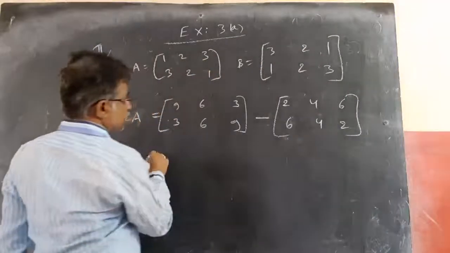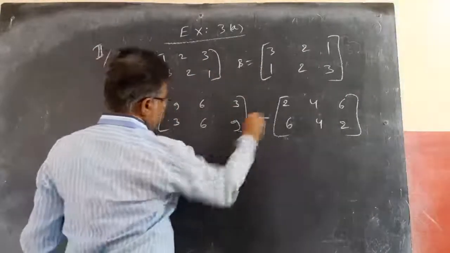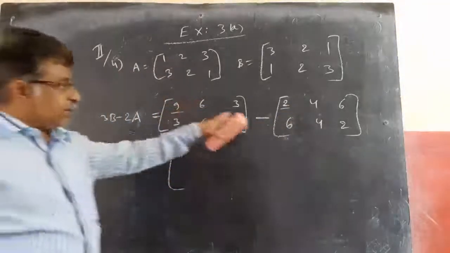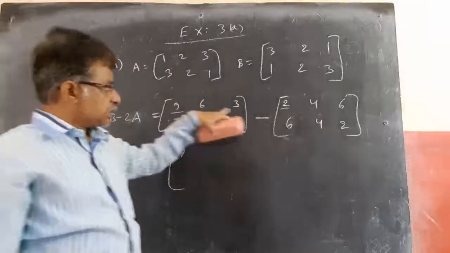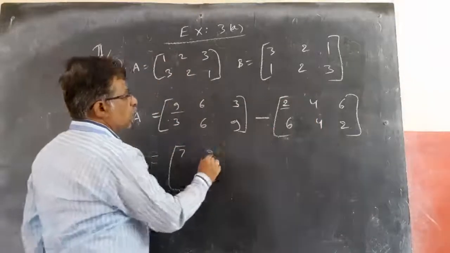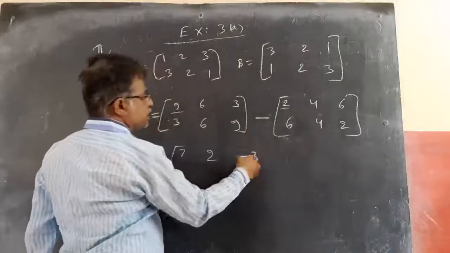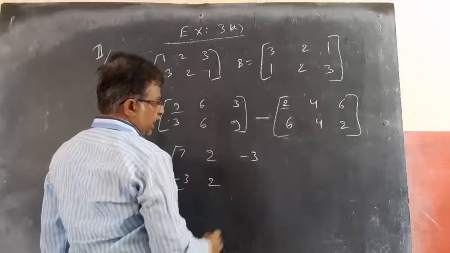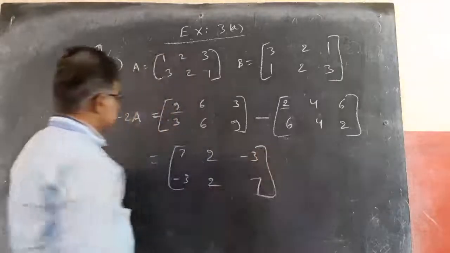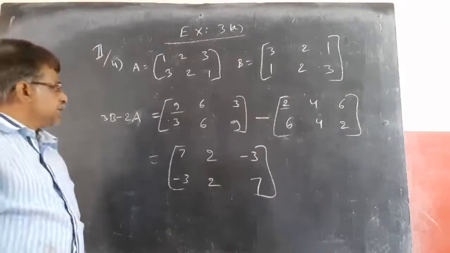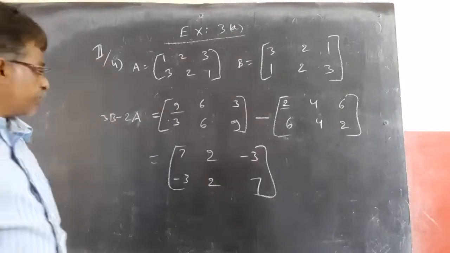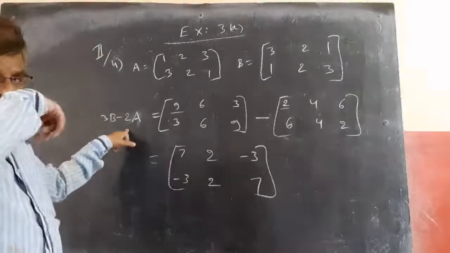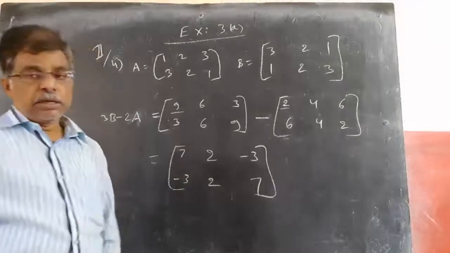Then subtracting the corresponding elements, 9 minus 2 gives you 7. 6 minus 4 gives you 2. 3 minus 6 is minus 3. 3 minus 6 is minus 3. 6 minus 4 is 2. 9 minus 2 is 7. This is called 3B minus 2A. Multiplying every element of B with 3 and every element of A with 2, then subtracting gives you 3B minus 2A.